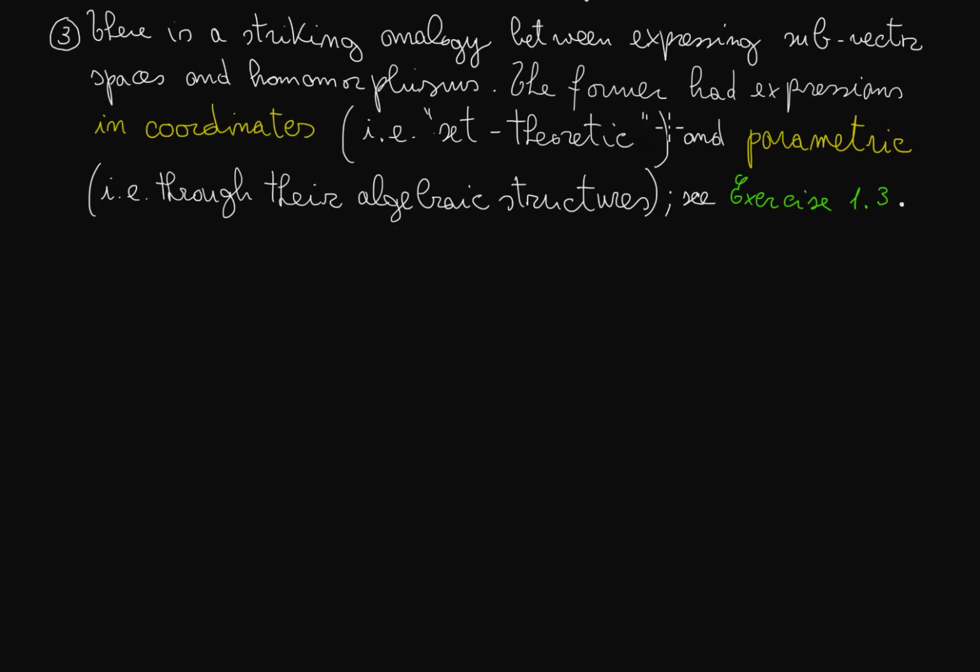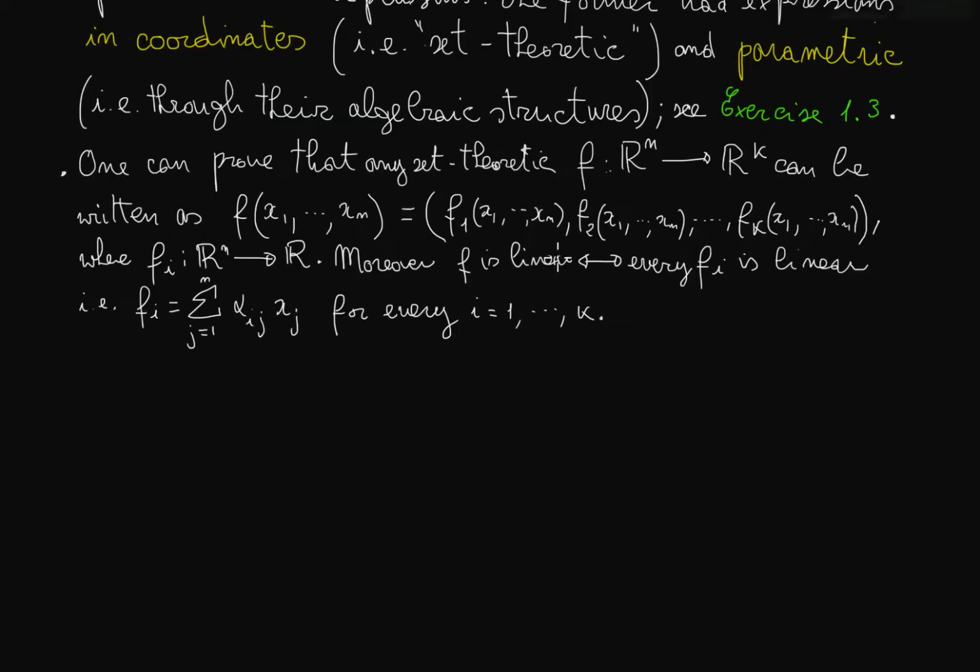We went through these differences in expressions very carefully in exercise 1.3, so I refer you to check this out. Talking about the analog of the in-coordinates expressions, but for homomorphisms, we can say the following.